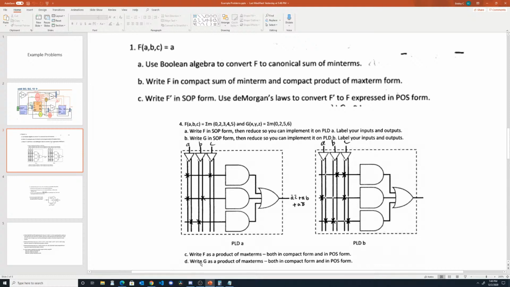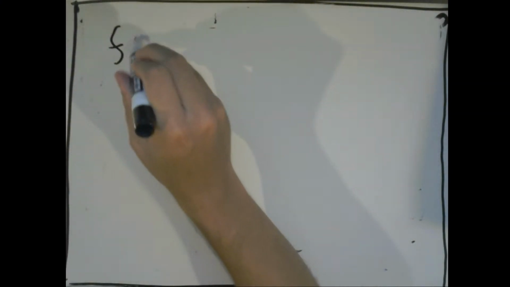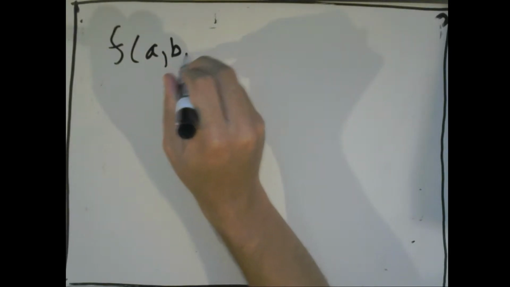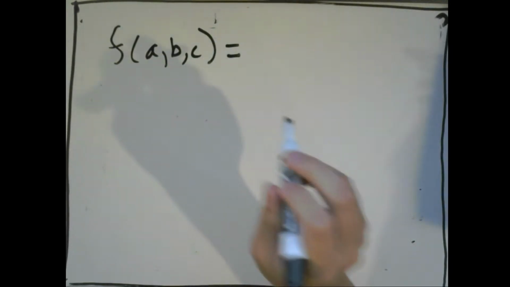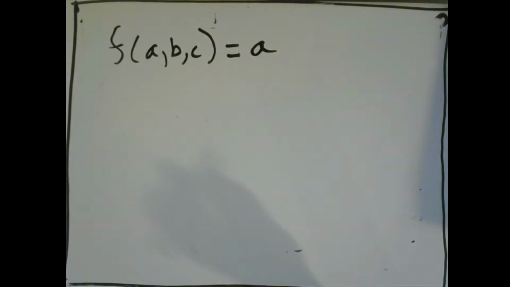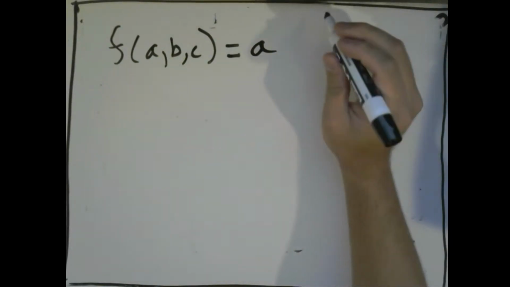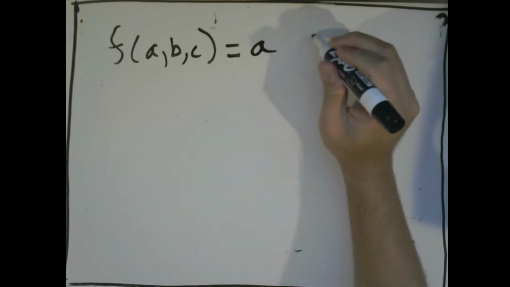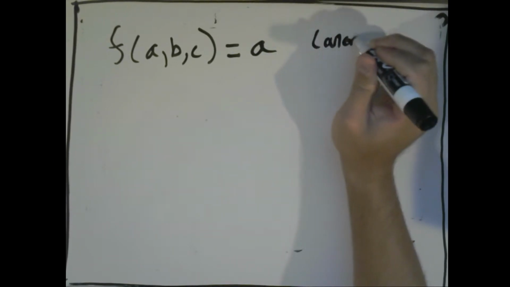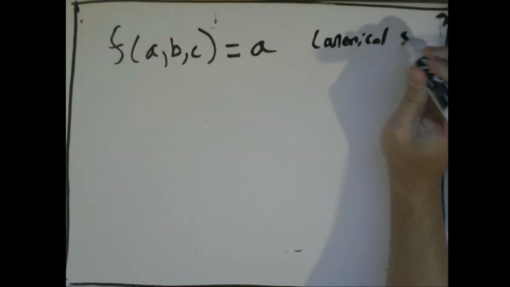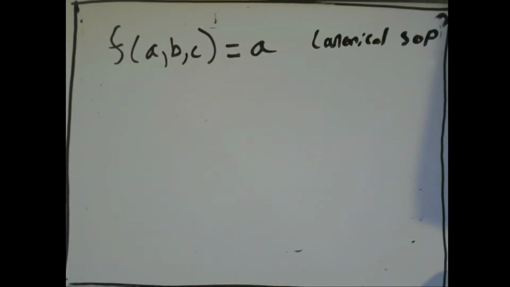Let's say we have some function f of a, b, c is equal to a. Let's use Boolean algebra to express this function as a canonical SOP, sum of products.